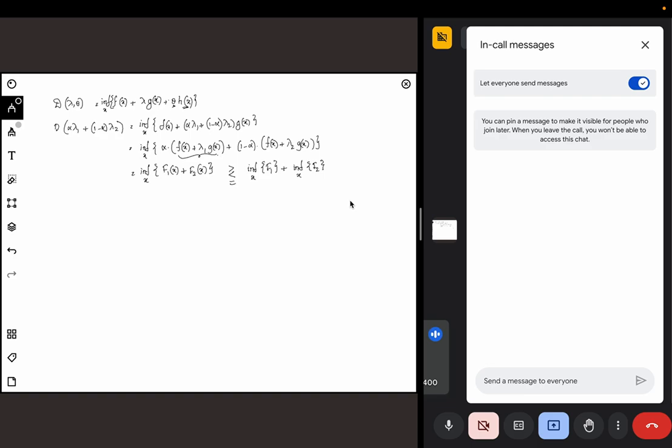So essentially I'm trying to do minimization of the sum of two functions, versus taking only one function, finding the minimum, taking the other function, finding the minimum, and then adding the two minimums. So what will be the relation between this quantity and this quantity? If you want to visualize, let's say this is f1, and let's say I have another function, this is my f2.